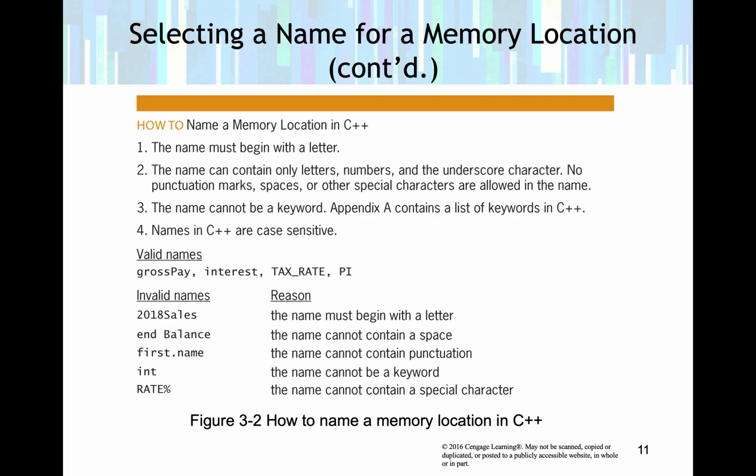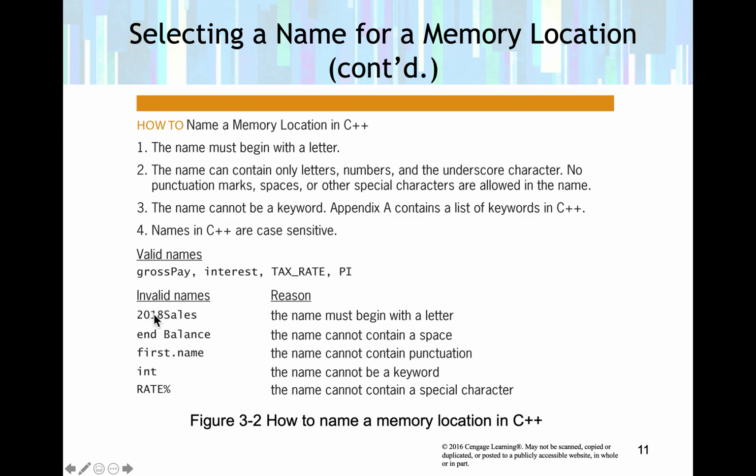All right, so this is the same thing that we just talked about. These are all the rules. Here are some examples of valid names. We can name a variable gross pay, we can name a variable interest. Here are some good names for constants.